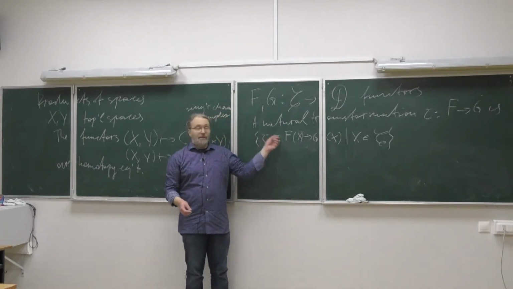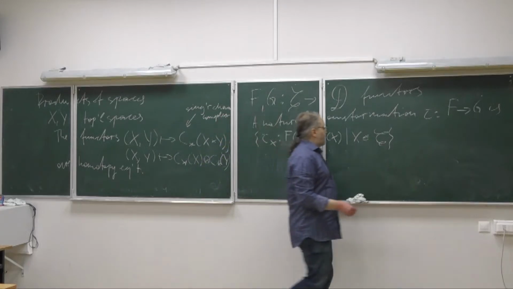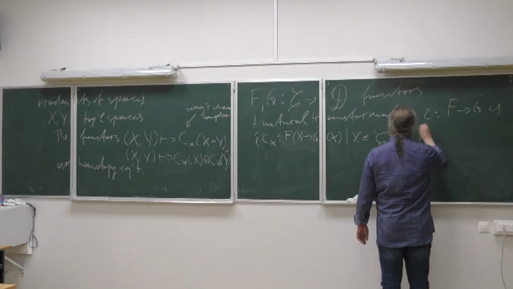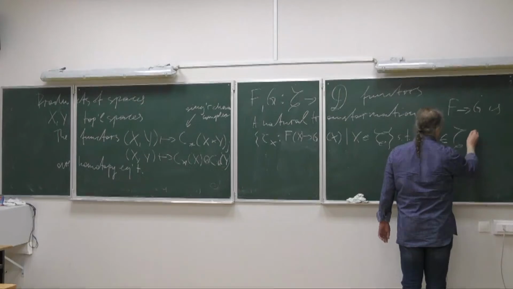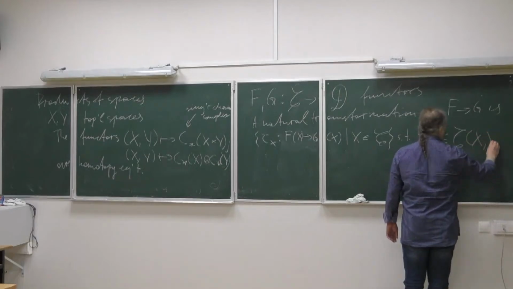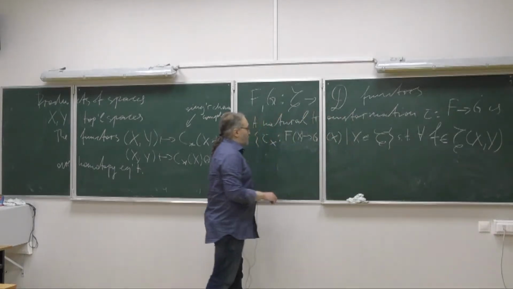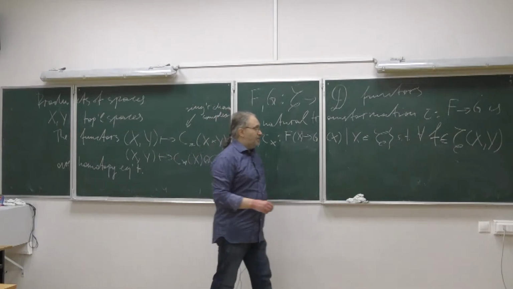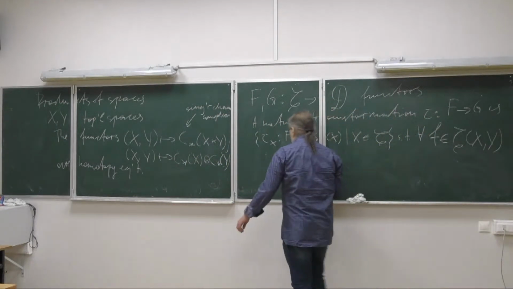Tau x goes from F x to G x, and such that for all x, for all f in C of x, y, the following diagram commutes.